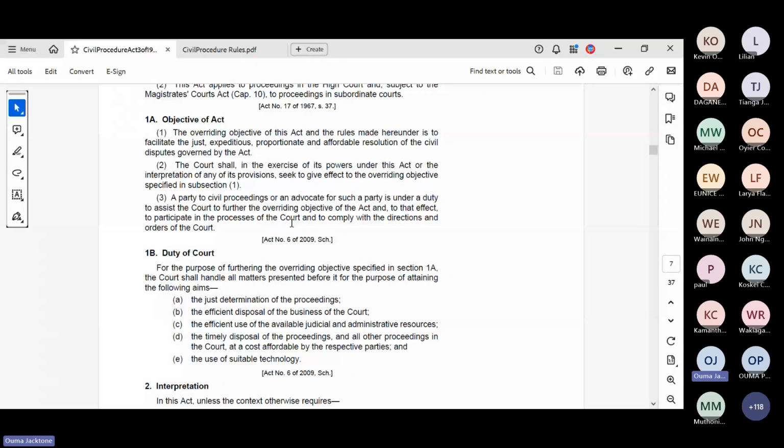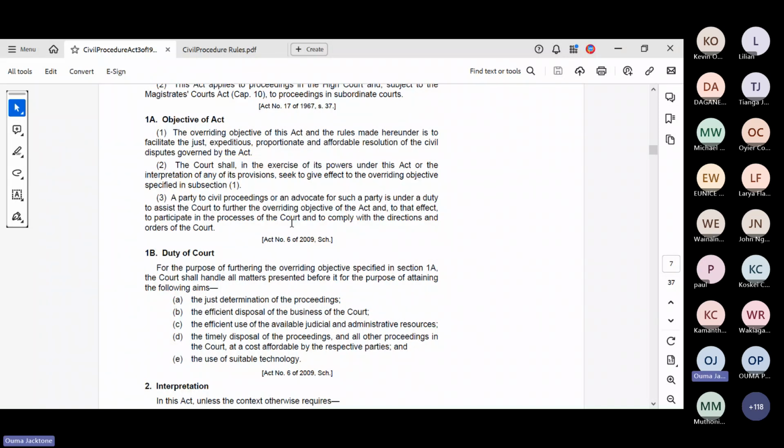The court must always make sure that the proceedings are timely. The court must always maximize the use of the court resources, and the court sometimes might be required to use technology to ensure that the process is going on as indicated under section 1A1.